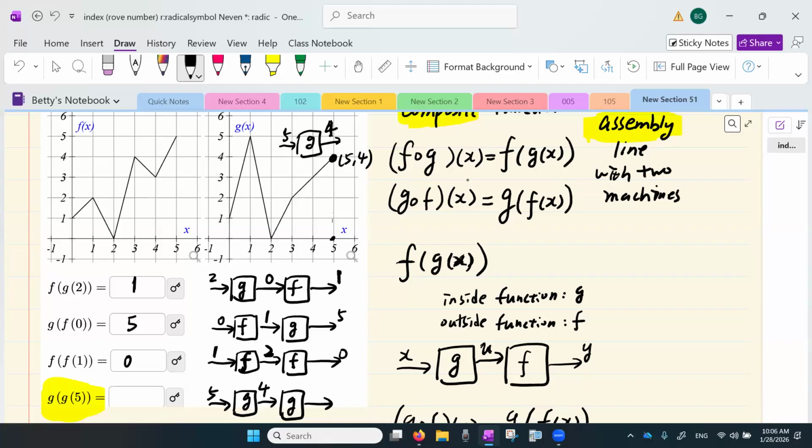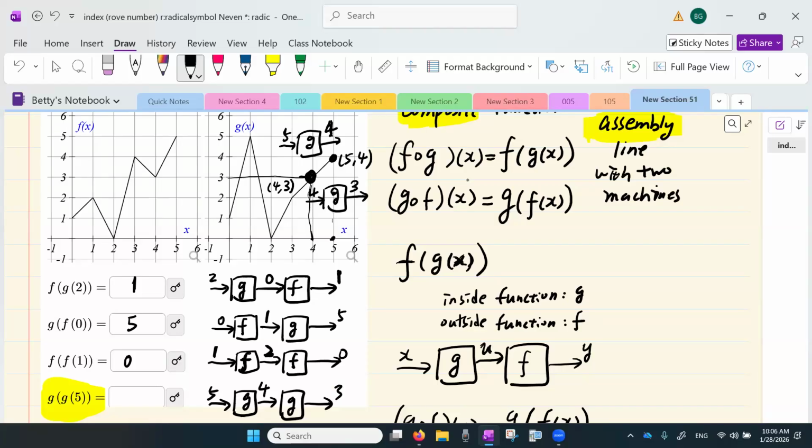Half done. And now you look at what is produced when you put a 4 in the machine G. You look at the 4 here, and you go up to this point, and you go over to see the y coordinate. That big black point has x coordinate 4, y coordinate 3, right? That means when the input is 4, output is 3.